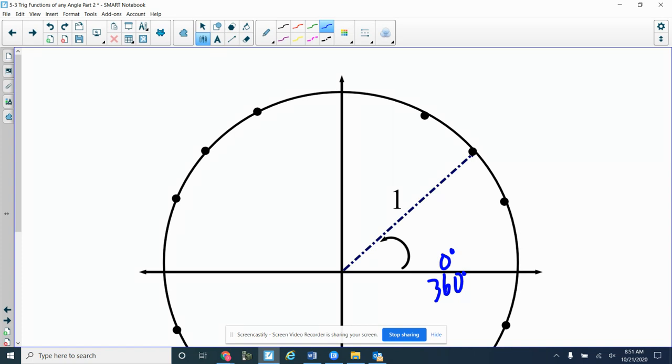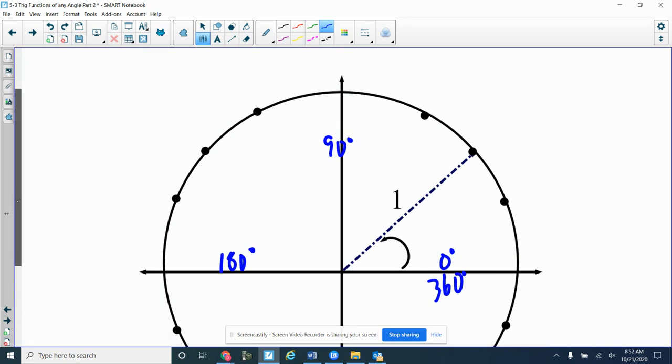So halfway around is how many degrees? 180. Make sure you copy this down correctly. Can you write the 360 underneath? Yes, in fact, there's a little space there for that. Half of that 180 is what? 90. So it's 90 degrees.